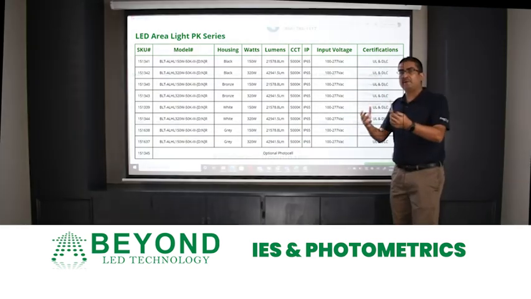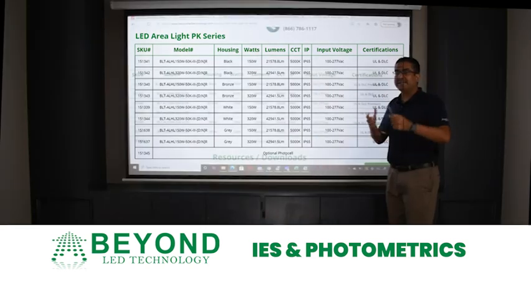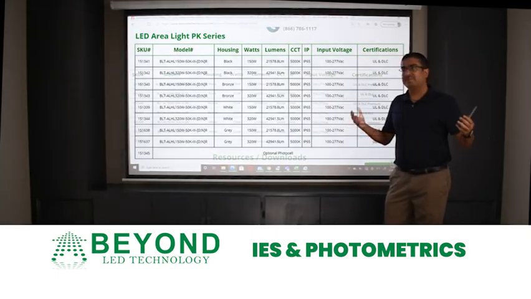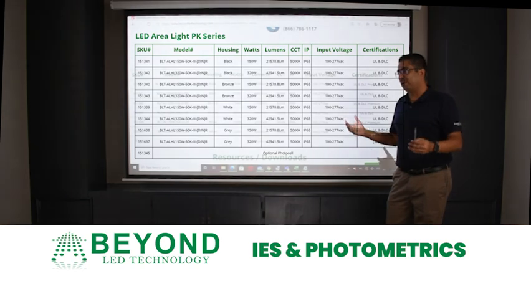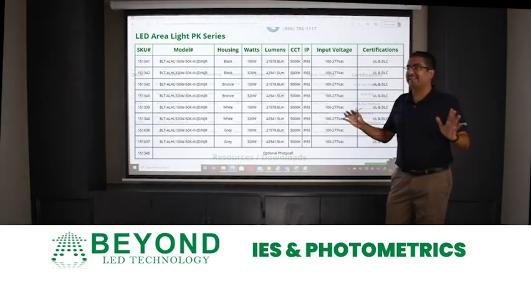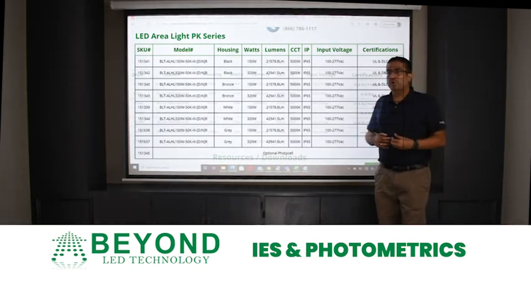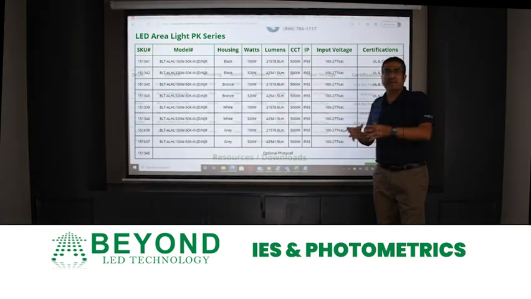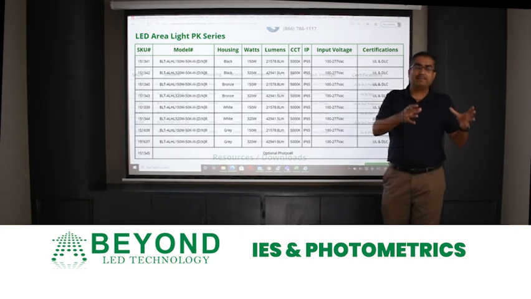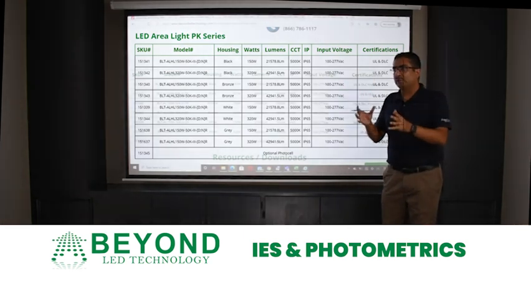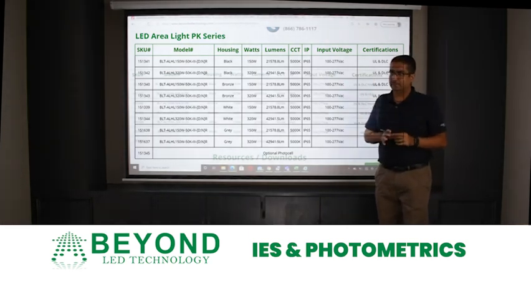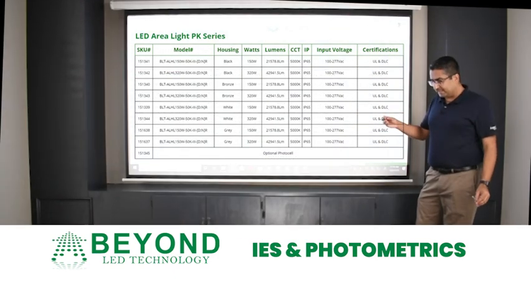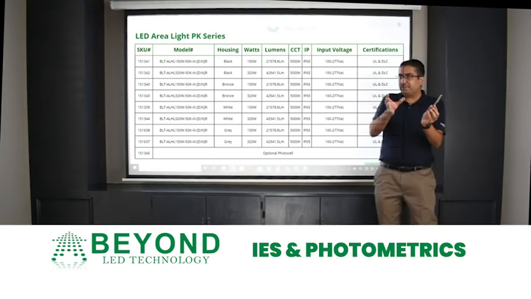Example, if a customer asks you that he needs lighting for his brand new 100,000 square feet warehouse, and there is no existing lighting, how will you be able to determine how many lighting fixtures it requires to light up the entire 100,000 square feet warehouse? Now, what the IES file does is this: there are different types of software.